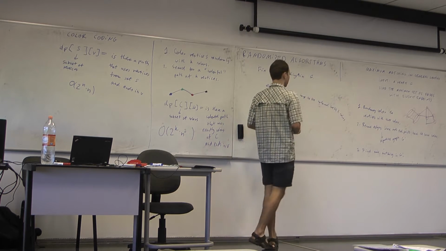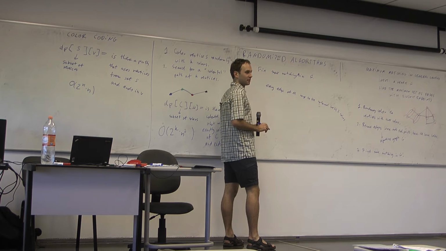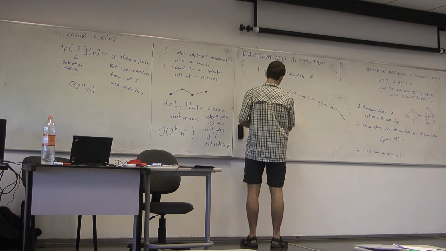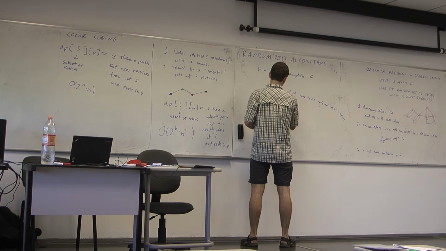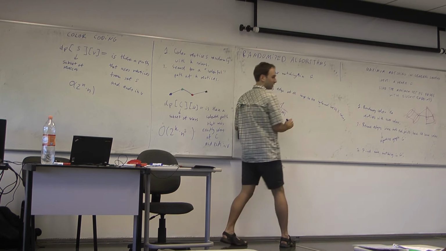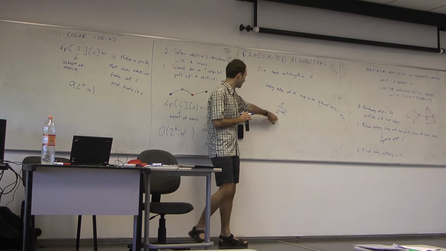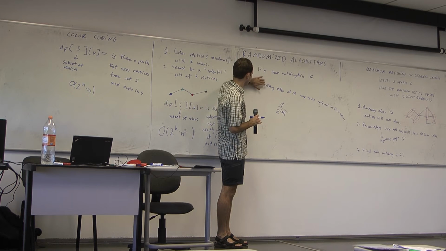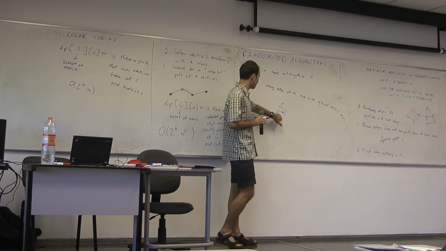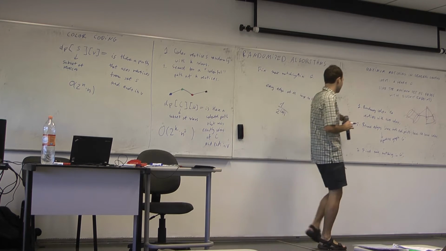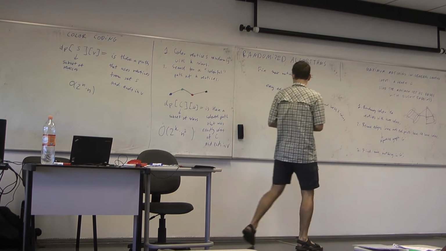So this happens with probability 1/2 per edge, or 1/2 to the size of M in total. That's the probability that the endpoints of every edge of the matching have distinct colors, so this matching survives this second phase.